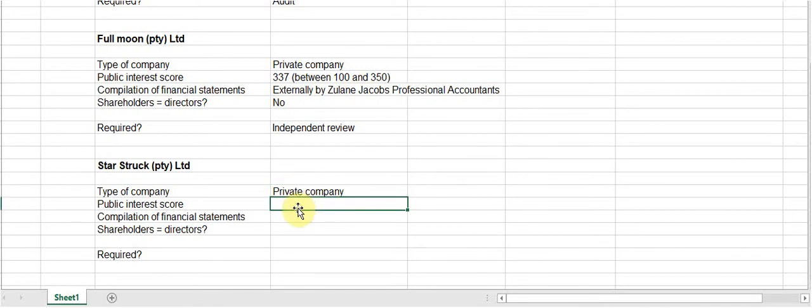What is the public interest score? It is 65, so this is less than 100. The compilation of the financial statements is external. So it's done externally by PDK. And then are the shareholders also directors? The answer is yes.